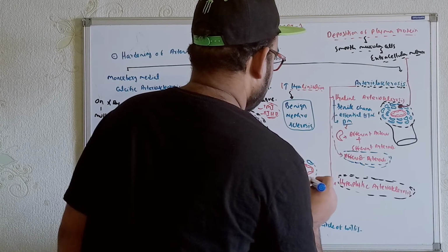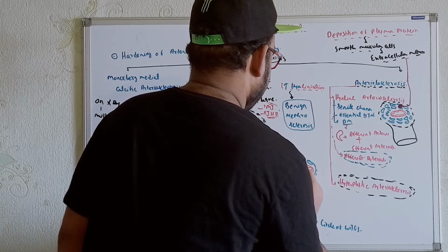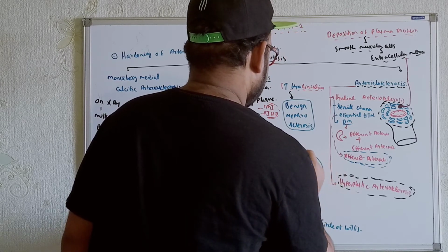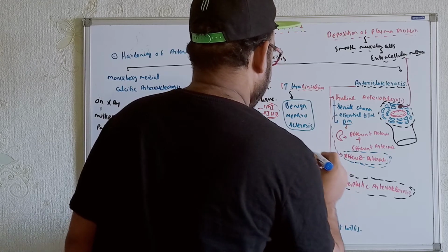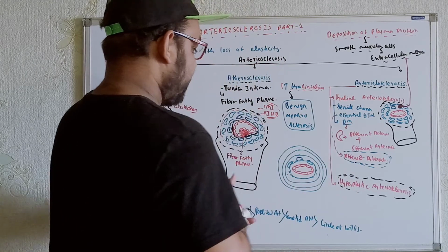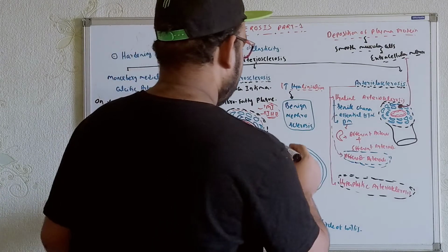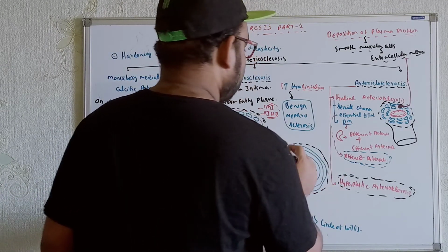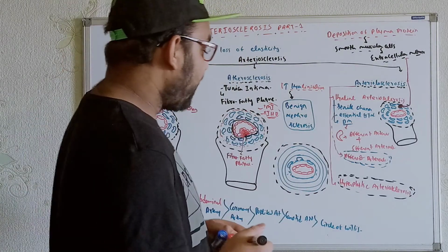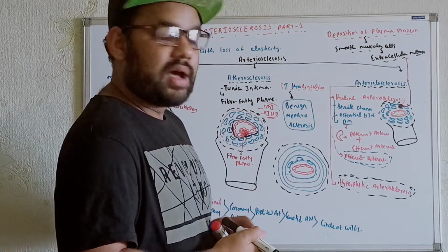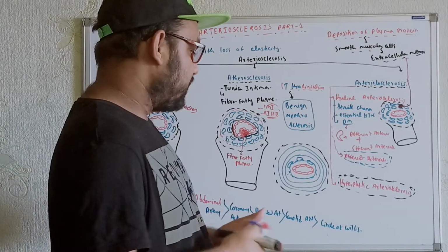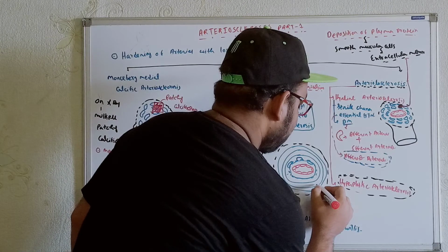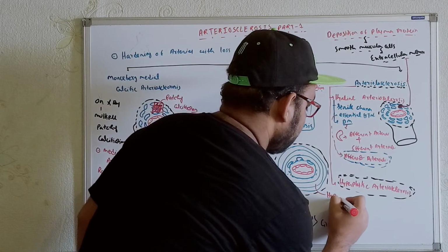And the outside layer, just consider this is the tunica adventitia. Now see, when you are talking in terms of hyperplastic arteriosclerosis, we'll get the hypertrophy and hyperplasia of the smooth muscular layers.